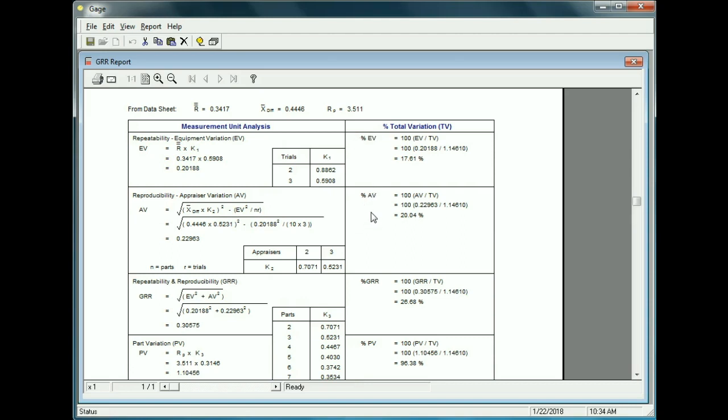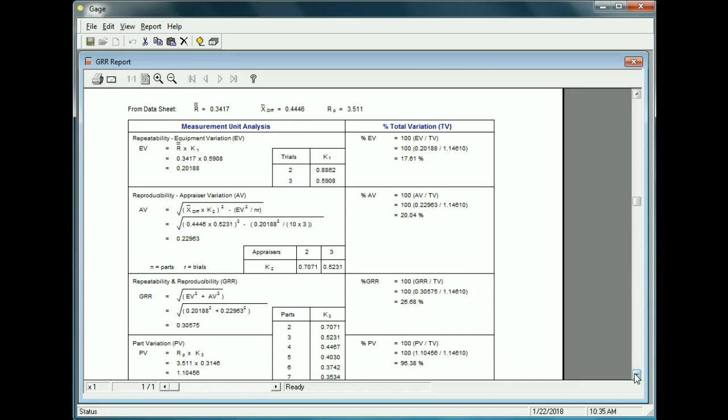And if we do a similar thing for the appraiser variation, we take its standard deviation and divide by the total variation and multiply by 100, we get this percentage. The Gage R&R, which is the combined effect of both equipment and people, we take this standard deviation, divide it by the total variation standard deviation, and it comes out to this number here.